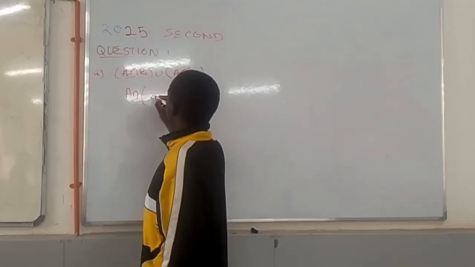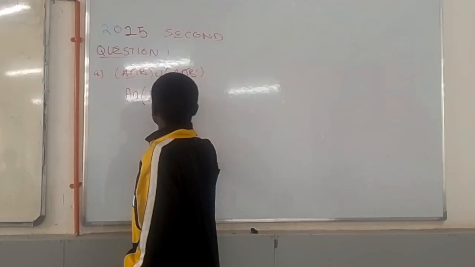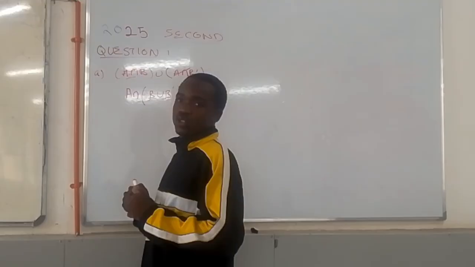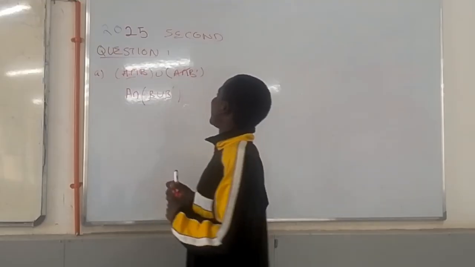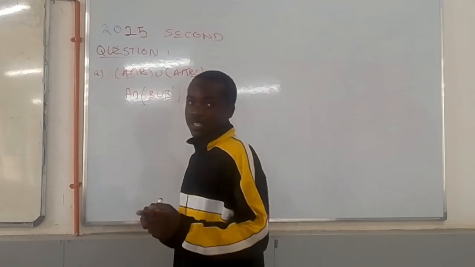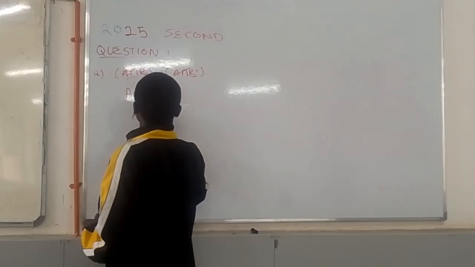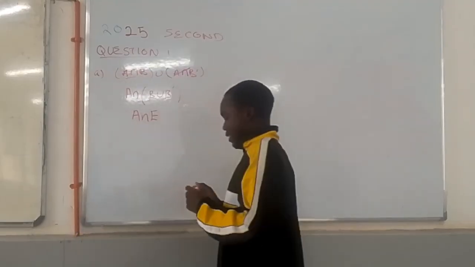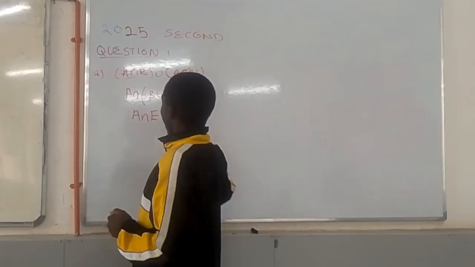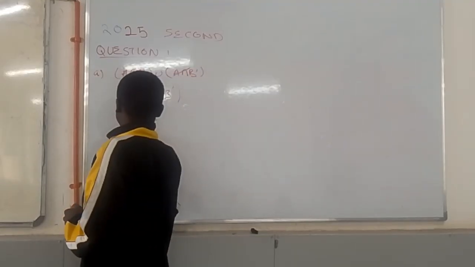We've got B union. Any set union its set complement is equal to the universal set. Any set intersection its set complement is equal to the empty set. So here it's going to be A intersection universal set, and anything intersecting the universal set is the set itself, and anything union the universal set is the universal set. So here the answer is going to be A.